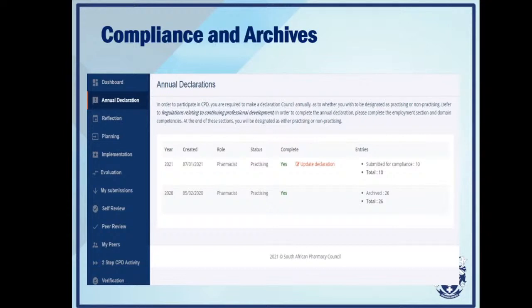But if you did more CPD activities by then, say you have done 10 and you didn't do anything for 2020, we will take 6 and count them towards 2020, and the other 4 will be your start for 2021. So they will all count and be divided accordingly to make sure that you do comply.